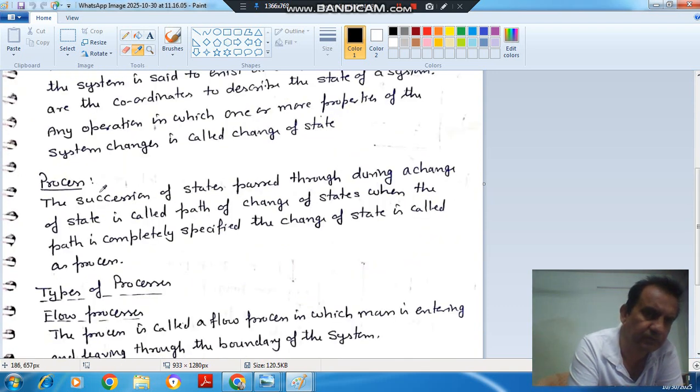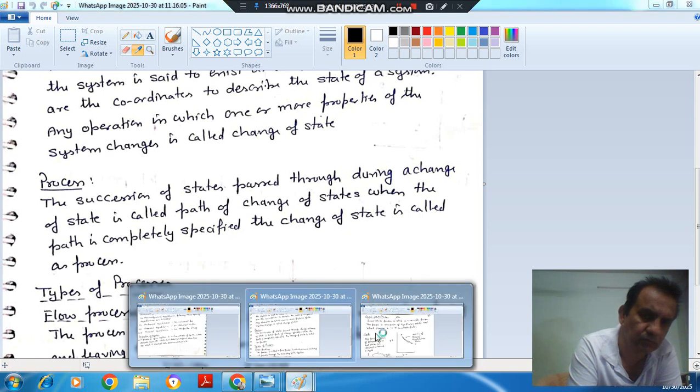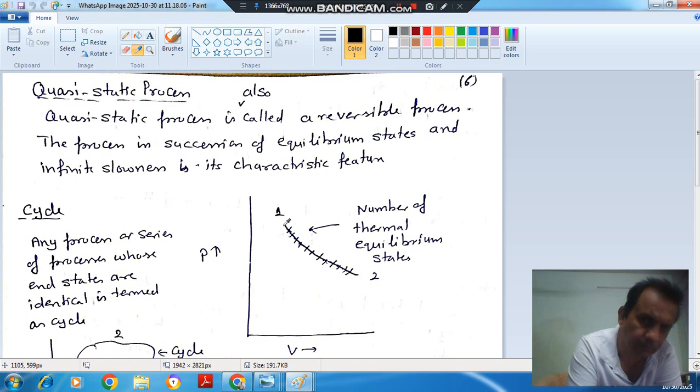Next definition is process. The succession of states passed through during a change of state is called the path of the change of state. When the path is completely specified, the change of state is called a process. So here this is your process. First this state is this, then this state is this, then this state is this.